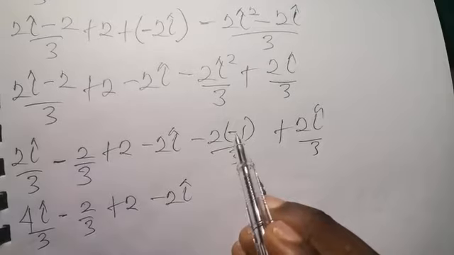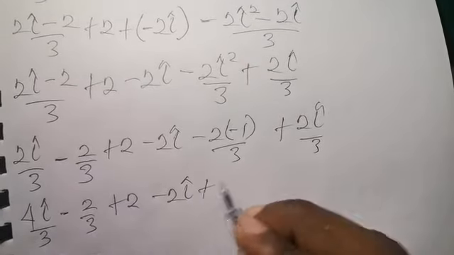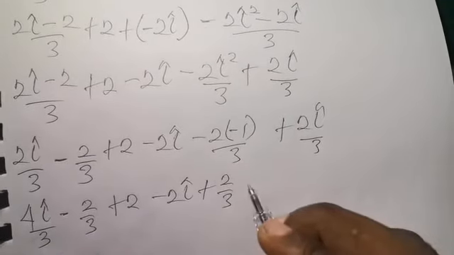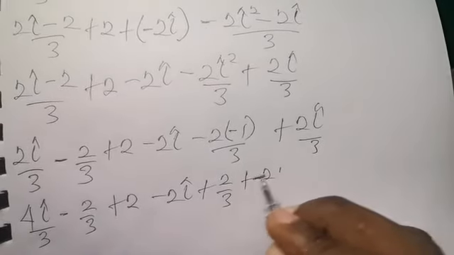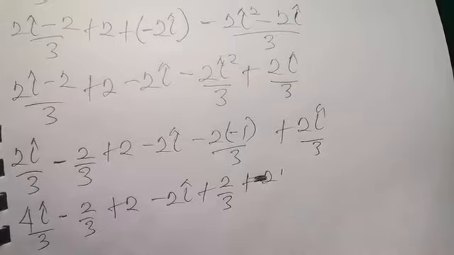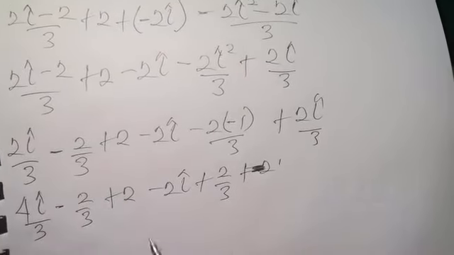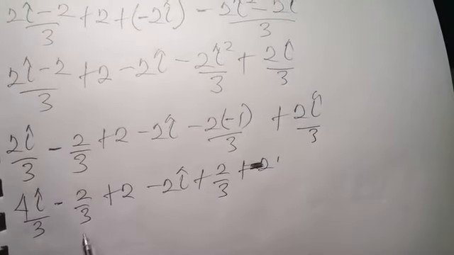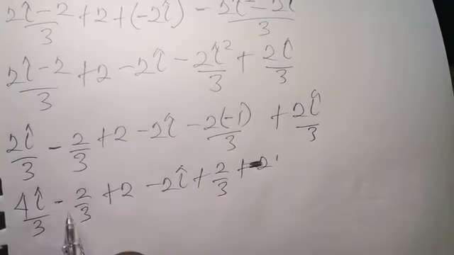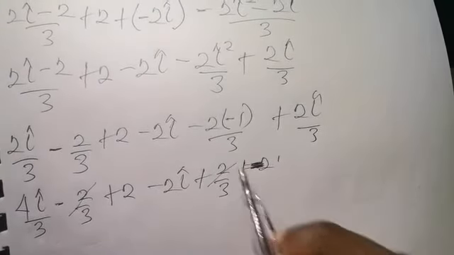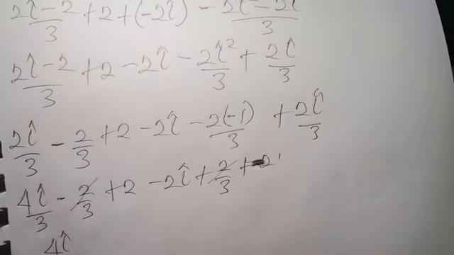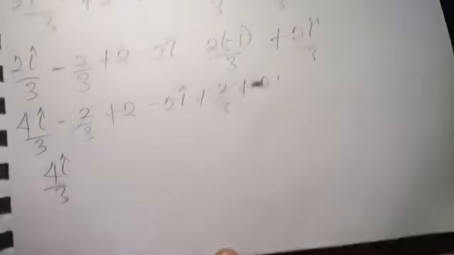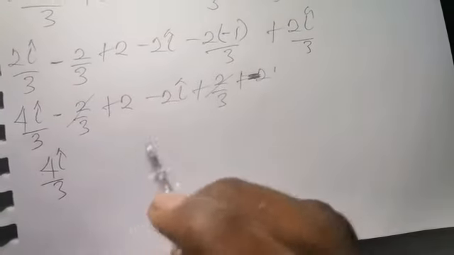Minus times minus becomes plus, so I have plus 2 over 3, plus 2i. I've taken this side already. So minus 2 over 3 plus 2 over 3 cancels out, and we simply have 4i all over 3.